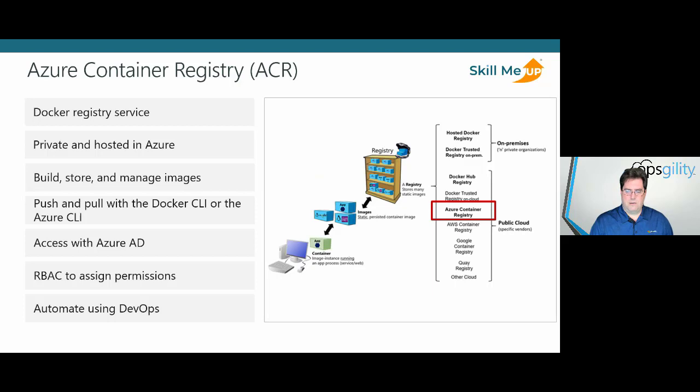It utilizes different interfaces such as Docker or Azure CLI to make those connections. And again, you can utilize role-based access control for who has access to those container registries, and can automate processes with DevOps.